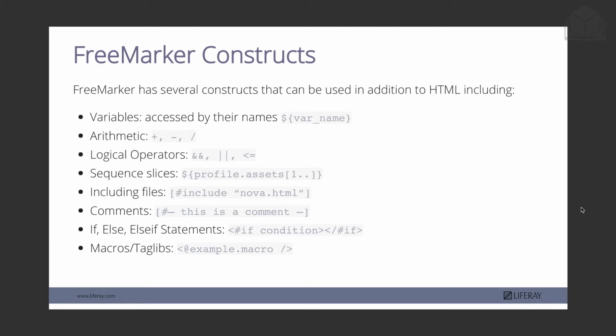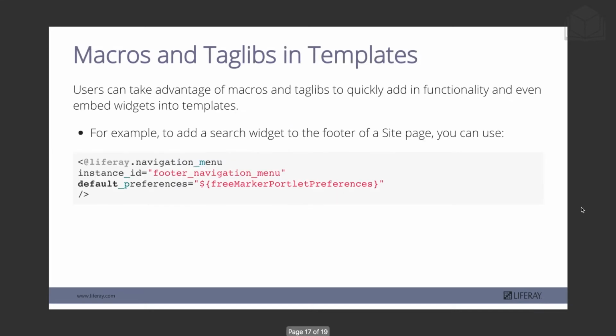What we'll see most often, especially in the theme, are if, else, and else if statements, as well as some macros and tag libs that we can take advantage of. This is a quick example of a tag lib in use in a template in Liferay.